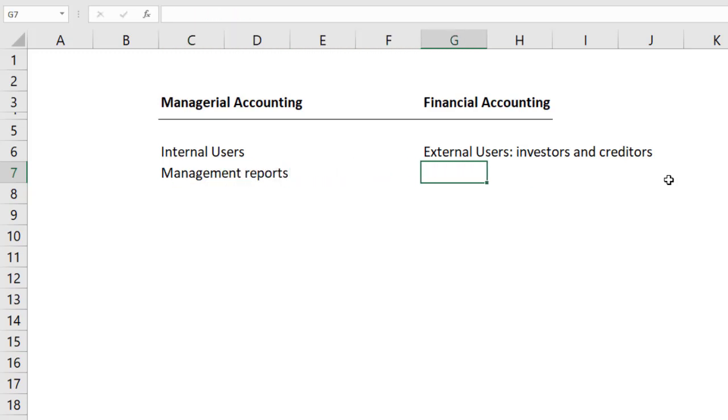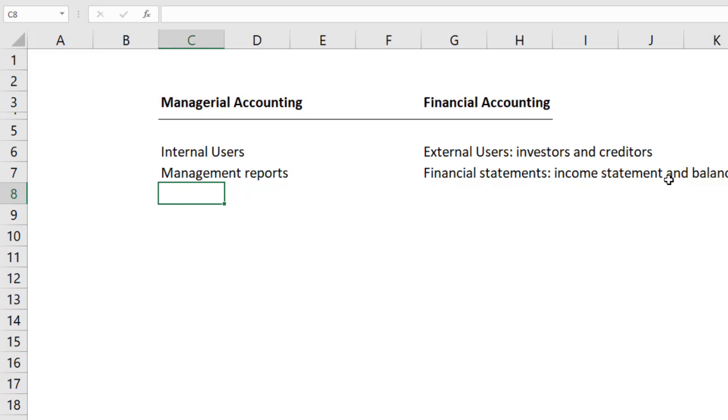And in financial accounting, we're going to be creating financial statements, the income statement and balance sheet. All right, so again, the users are what's generating the differences between these two. The financial statements are created using generally accepted accounting principles, or GAAP.